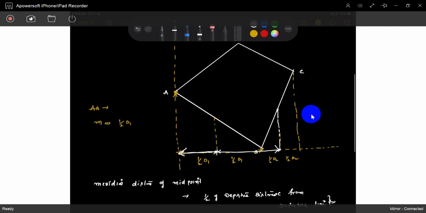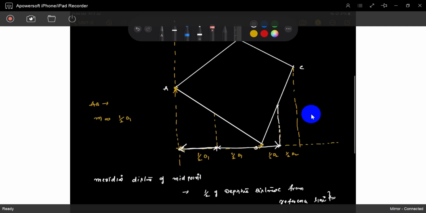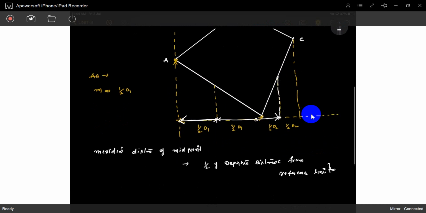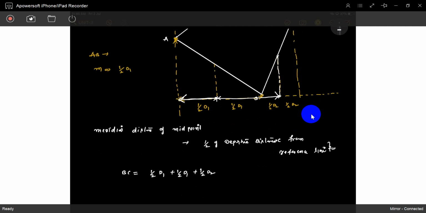Now we will see this. What is the meridian distance of BC? Exactly, it is half of D1 plus half of D2. That is the meridian distance. How can you write it?